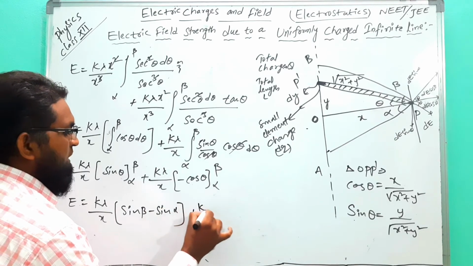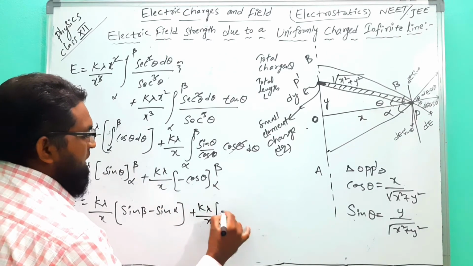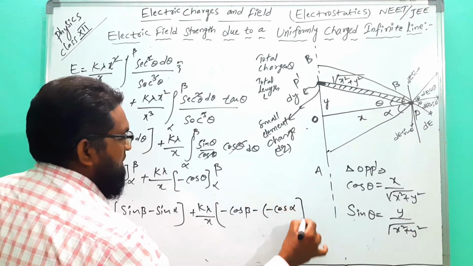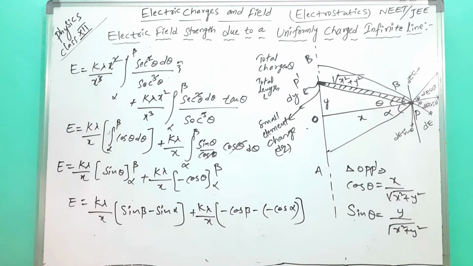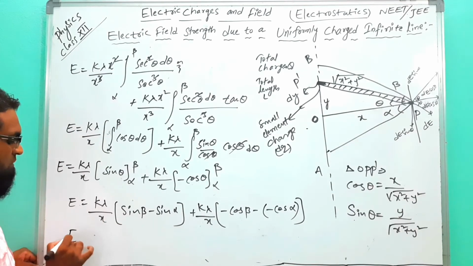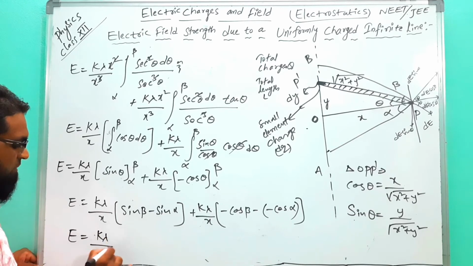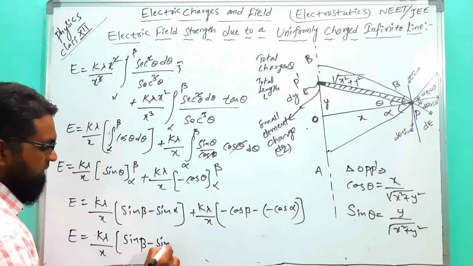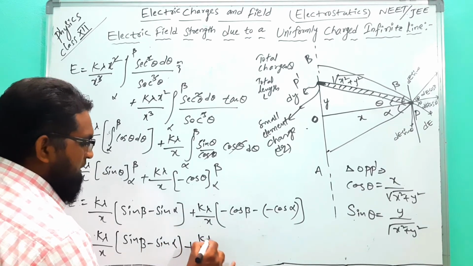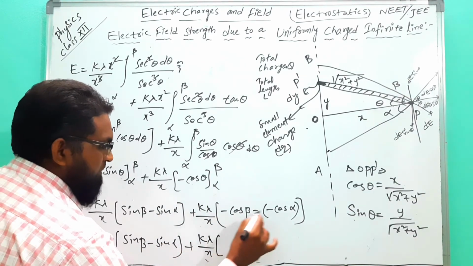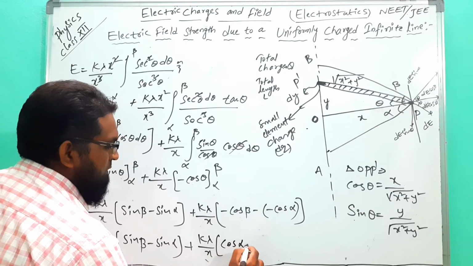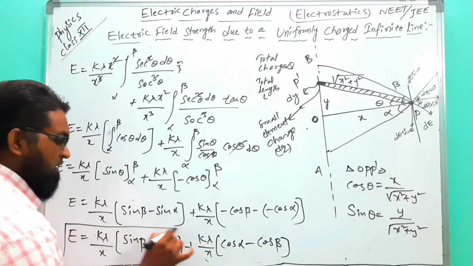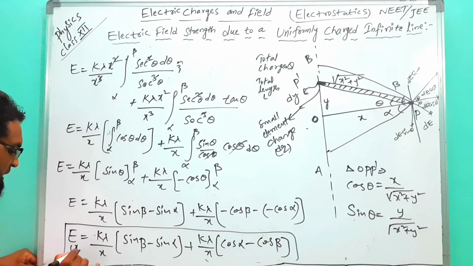Similarly k lambda by x here minus of cos beta minus of minus cos alpha, which is cos alpha. So finally, E equals, for the x-axis, k lambda by x into sin beta minus sin alpha, plus k lambda by x into cos alpha minus cos beta. So this is the final equation for the x and y axis electric field of an infinite line.